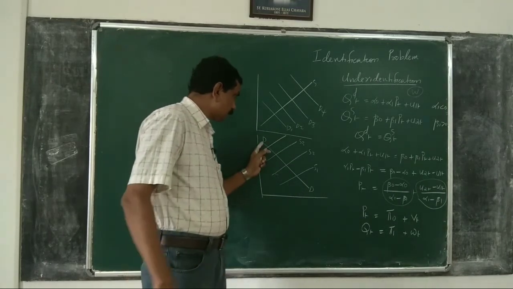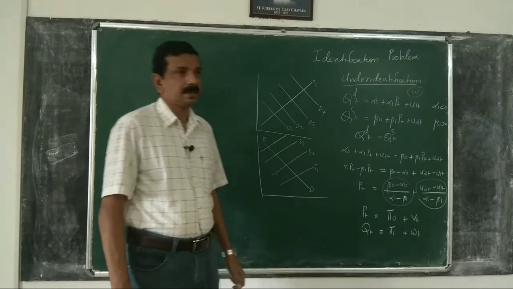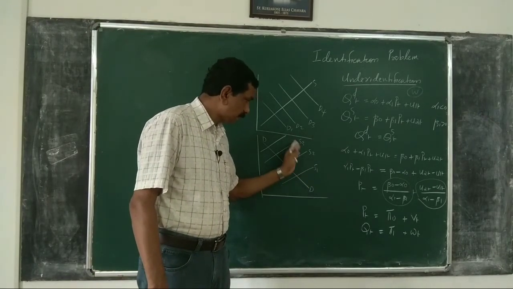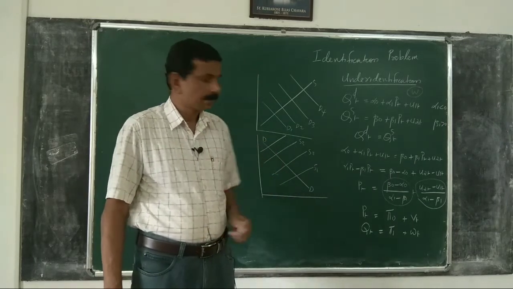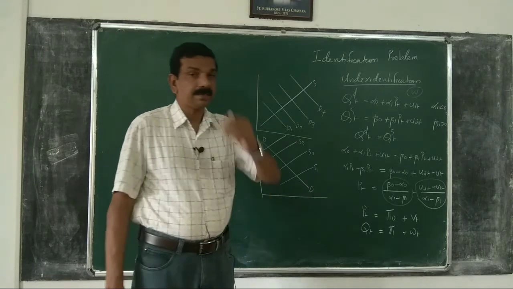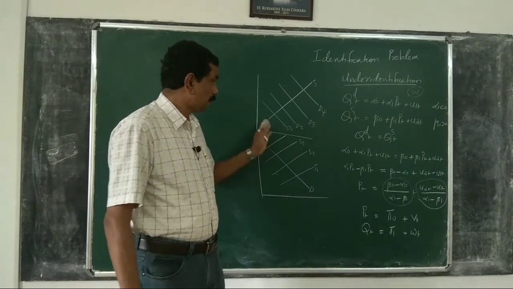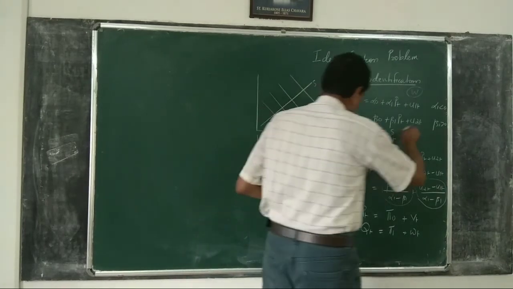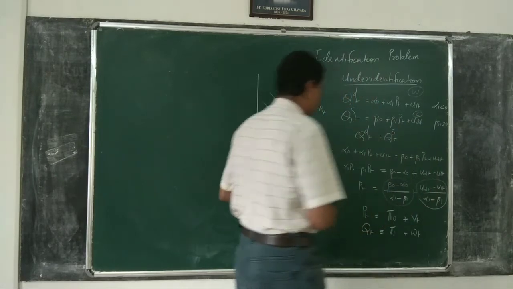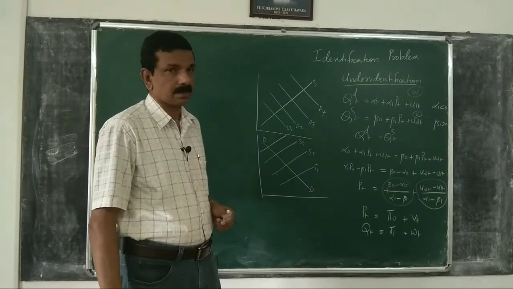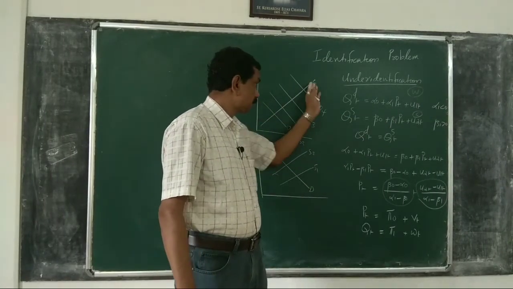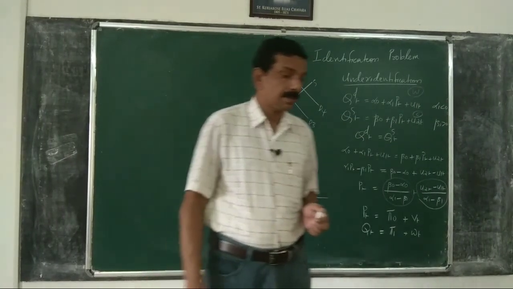Then this enables us to identify the demand function. So it is the availability of additional information in the supply function which enables us to identify the demand equation, and that means in the supply equation we introduce an additional variable, say cost of production. This enables us to identify the demand equation. If you introduce an additional variable in the demand equation, it enables us to identify the supply equation.